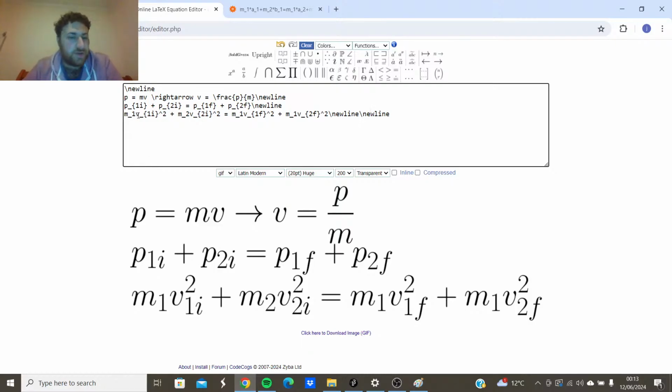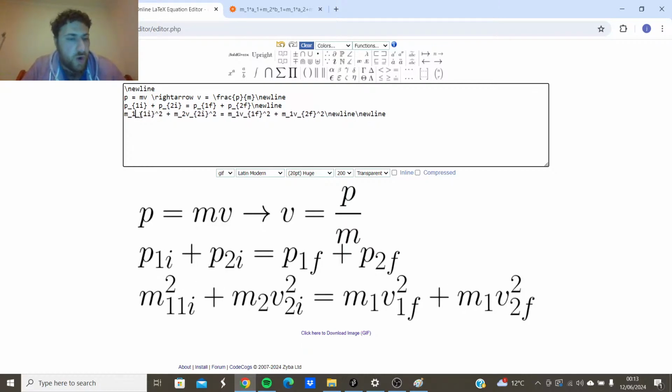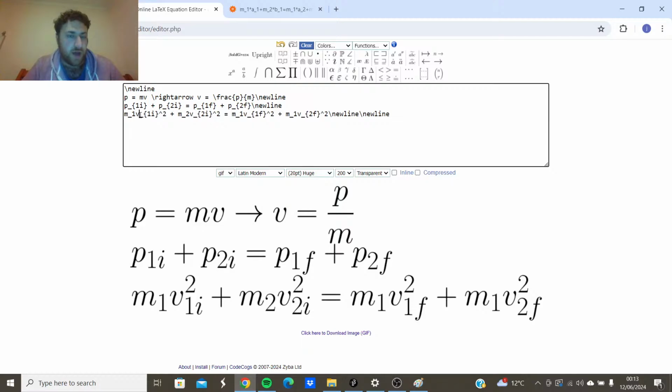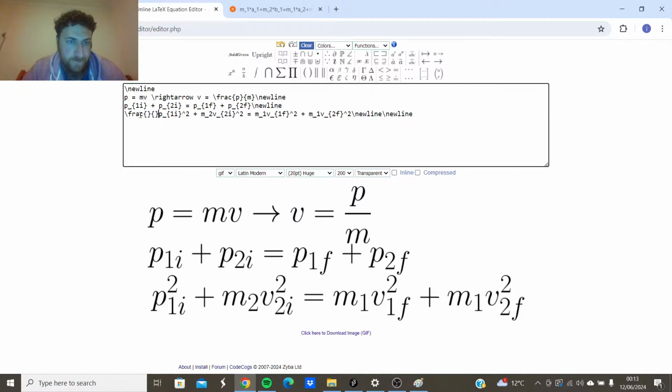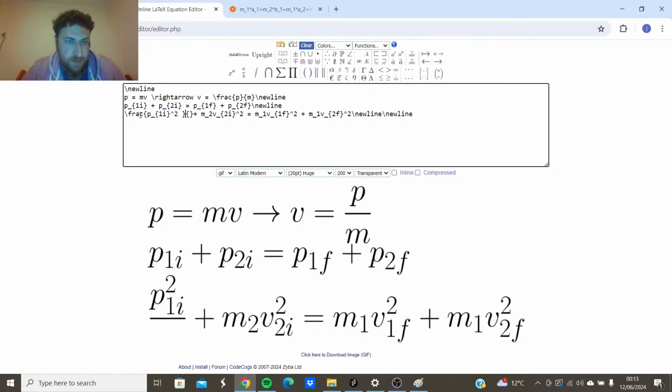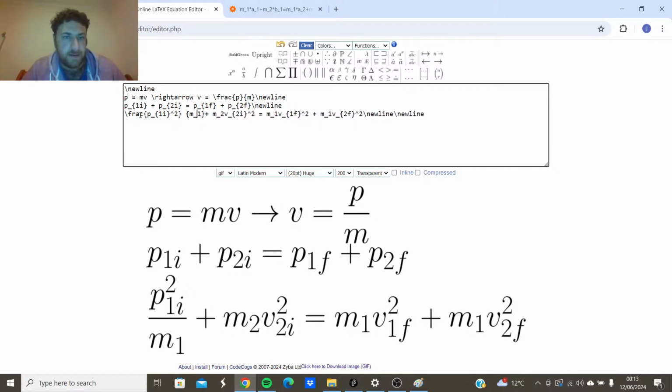So when we do this substitution, the first thing is this m1 v1i squared is going to become p1i squared divided by m1, right? It's going to look like that.